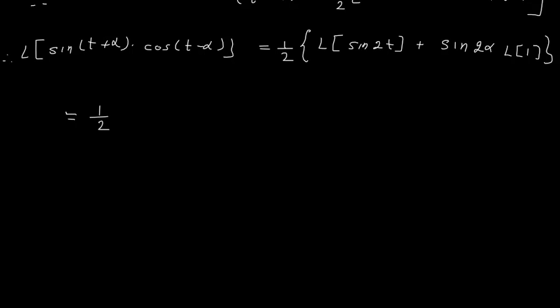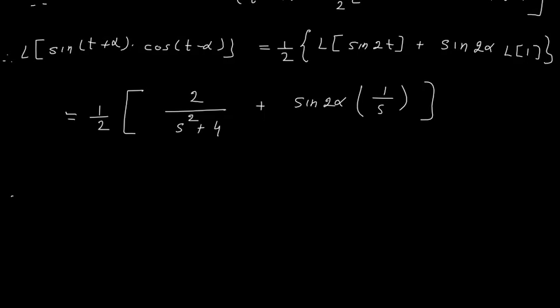Now what is the Laplace of sin 2t? It is 2 upon s square plus 4, plus sin 2 alpha, which I write as it is, into the Laplace of 1, which is 1 upon s.